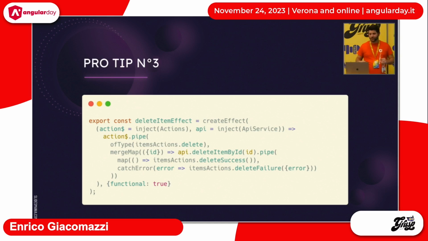So I try to delete the same object many times, as many requests as dispatches of the delete action I do. With the concat map, I do the same stuff, but every single request has to wait for the previous request to complete.